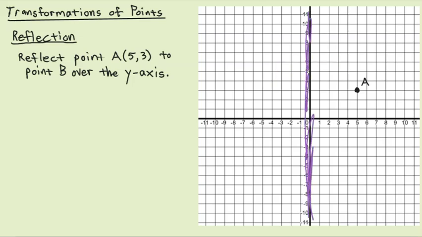Okay, so this y-axis right here is going to be our line of reflection. Now, I want to remind you that in a mirror image, the closer something is to the mirror itself, so if the y-axis is the mirror, if something is very close to the mirror, then the reflection is also going to look very close.